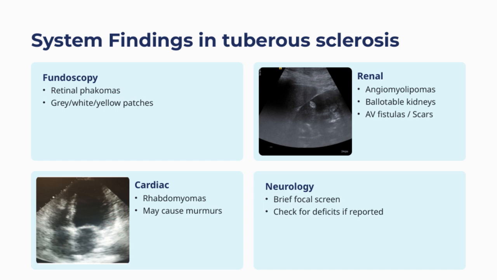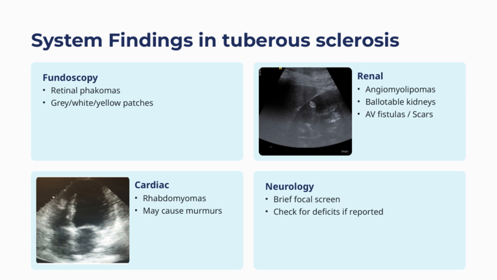Turning to the renal system, we often see angiomyolipomas, which are benign tumors composed of blood vessels, muscle, and fat. These can lead to the kidneys feeling palpable, meaning they can be pushed or moved slightly during examination. Also, be aware of AV fistulas or scars that might suggest prior interventions or vascular anomalies.